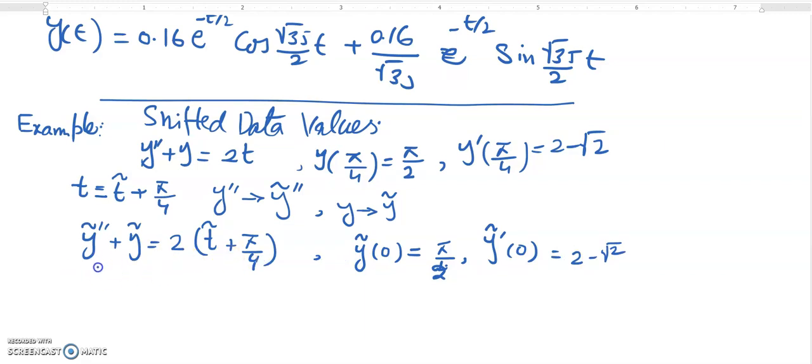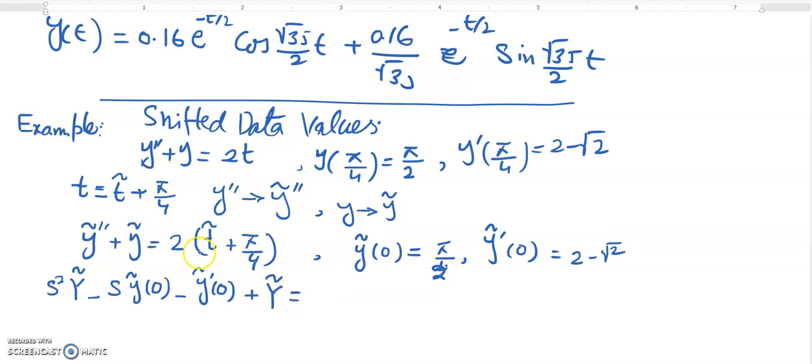So now we can take the Laplace transform of this modified equation. For the double prime, it will be s squared times capital Y tilde, minus s times y tilde of 0, minus y tilde prime of 0, and then plus capital Y tilde for the y term.